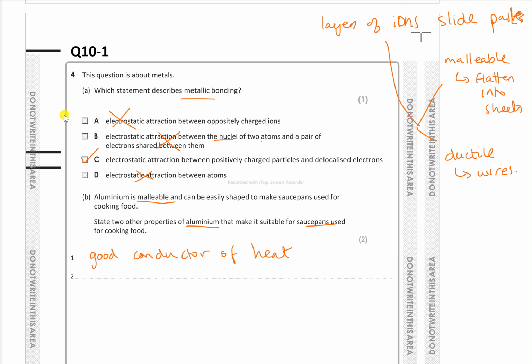And what else is there? Okay, it's got a high melting point, so when you're cooking it won't soften and start deforming. And what other things can we see? Okay, it's got low density, so it's not heavy when you lift it, especially the bigger pans and bigger pots.